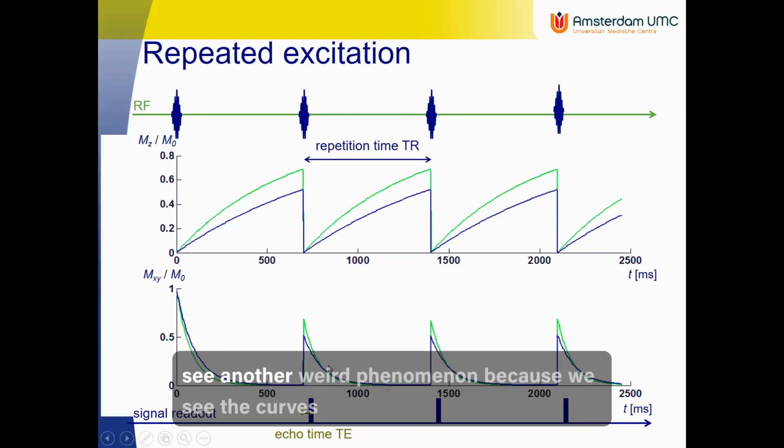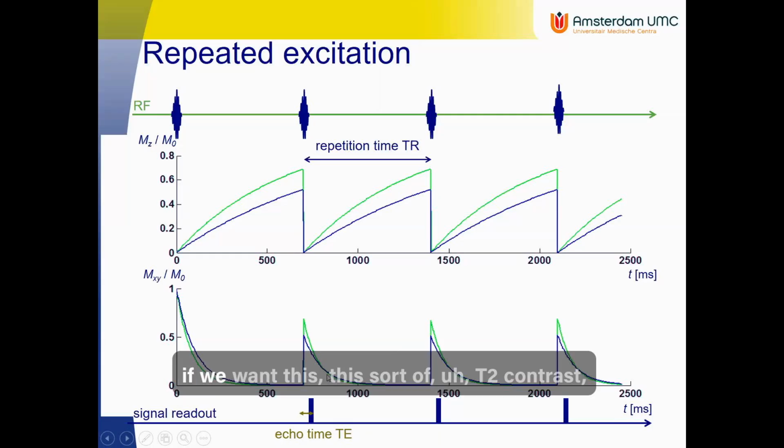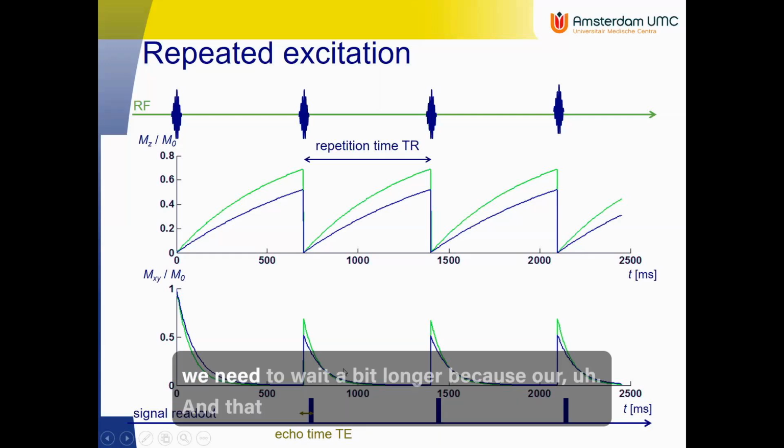We also see another weird phenomenon because we see curve crossing here. It's kind of strange because we thought, okay, if we want this sort of contrast, we need to wait a bit longer.